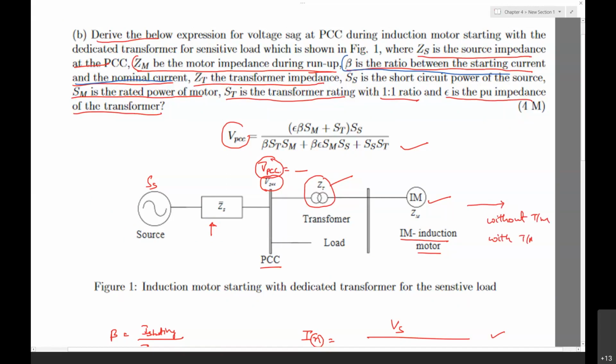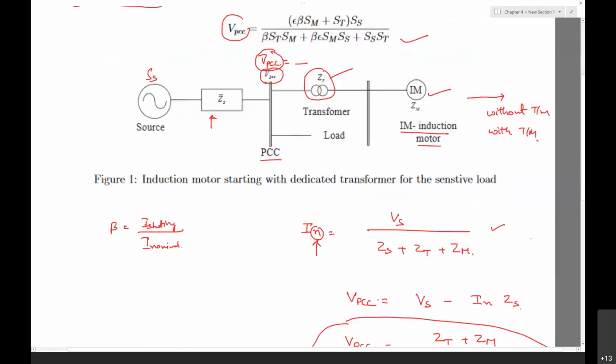It is a very straightforward question. When you look into this particular equation itself, we can understand the induction motor starting with XT. During the starting, this impedance also has the influence of minimizing the starting current. If it doesn't have this XT over here, then obviously your impedance is much lower, and in that case the current during the starting is very much higher.